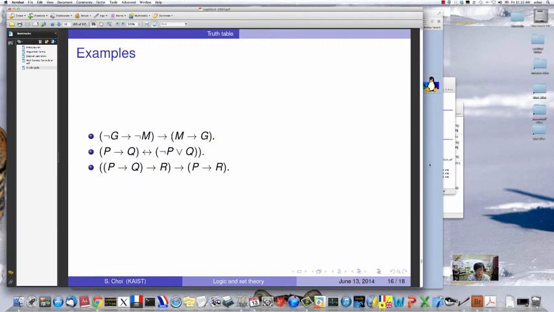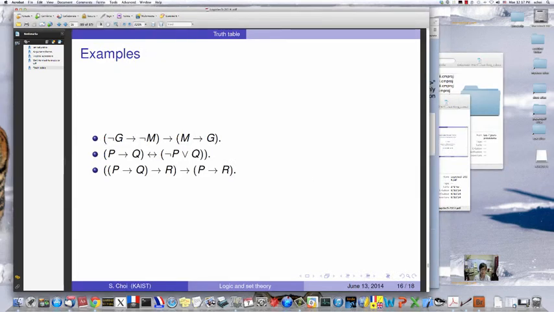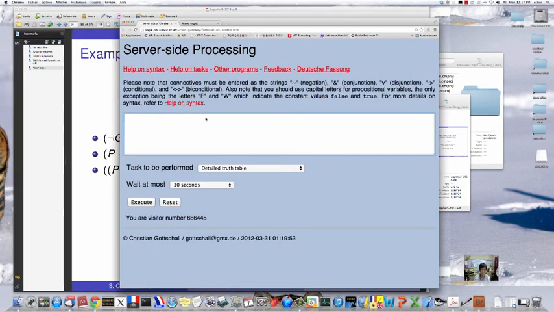So for example, let's try that. Okay, so we will check on this statement and see what this is. So I write down the Q imply R, imply P imply R. Okay. So let's execute.